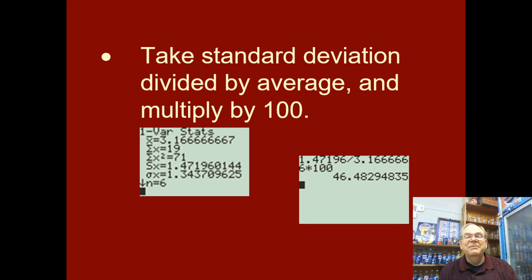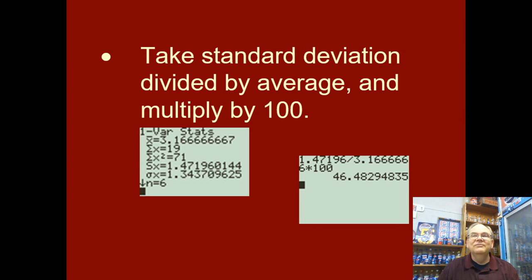People will sometimes wonder on all of these statistics, how am I supposed to round the answer? You always want to go to one or two decimal places. So 46.5 would be a perfectly good answer for this. You don't want to over round, but yeah, it's a little over 46%. That would end up being what we have for the coefficient of variation this time.